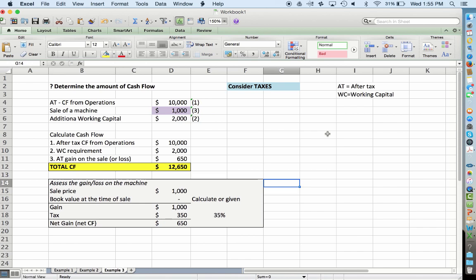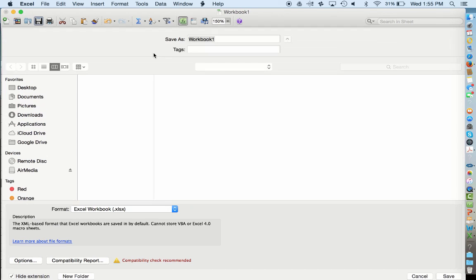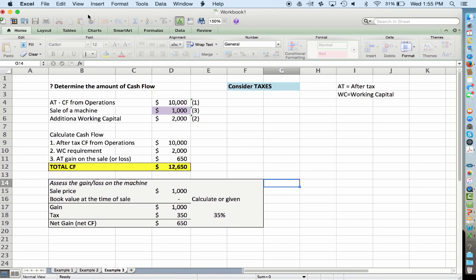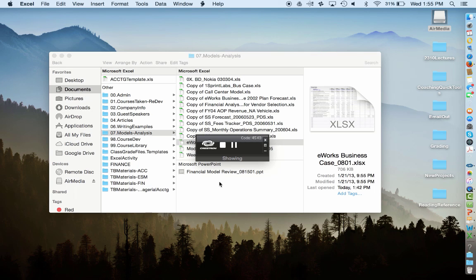Let me just save this real quick. So you guys are doing the baby steps on these problems. You got to do baby steps. Got to learn to crawl and then hobble and then walk and run. And eventually it explodes into an analysis that looks kind of like this.